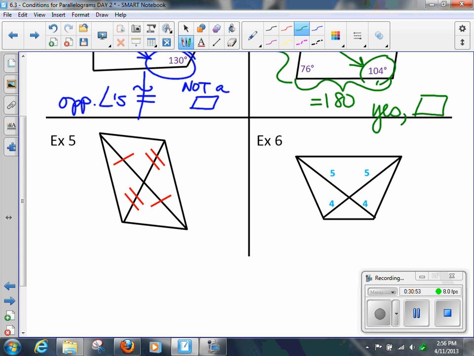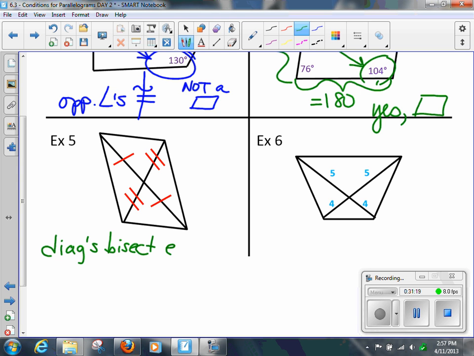Example 5? Why? So are those angle measures? I mean, wait, no. What are they, Maddie? They're diagonals. And what can you tell about this? That they are bisecting each other, right? So if the diagonals bisect each other, what's that mean?